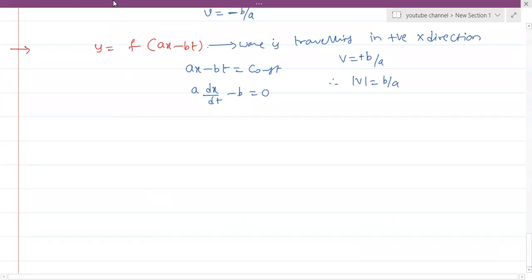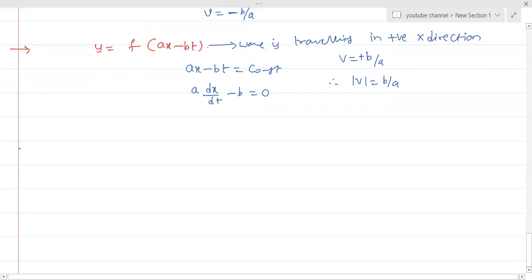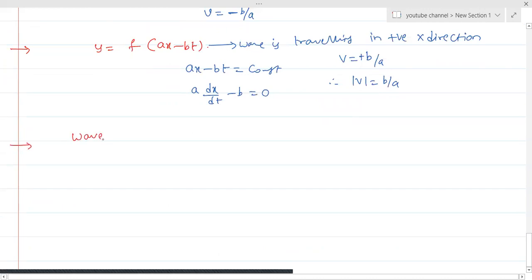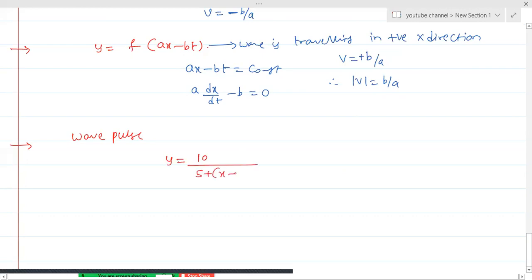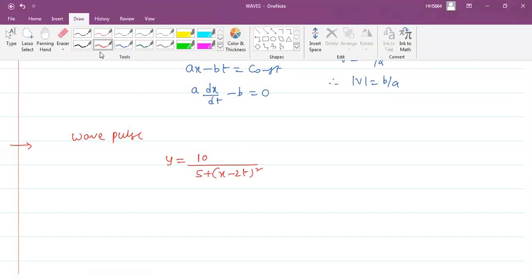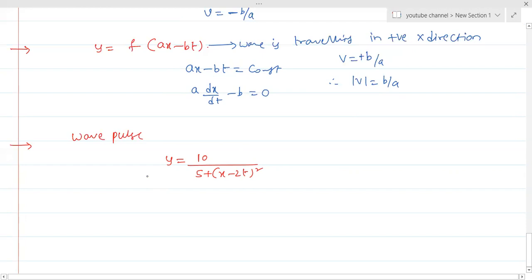Now we will check another form of wave, that is wave pulse. Suppose it is given y equivalent to 10 by (5 plus x minus 2t) whole square. Our duty is to check whether this is a wave or not, and if it is a wave, find out the velocity, amplitude and direction of propagation.